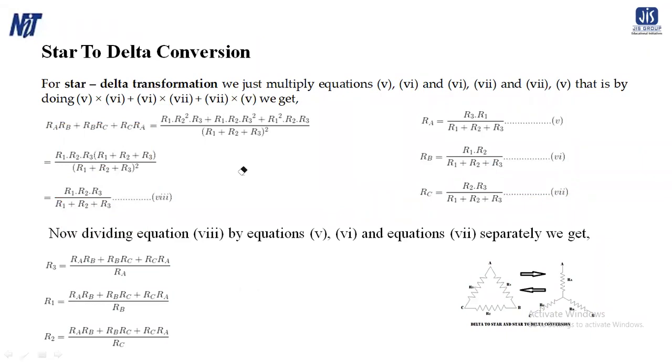For star delta conversion, we multiply equations 5 and 6, 6 and 7, and 7 and 5.